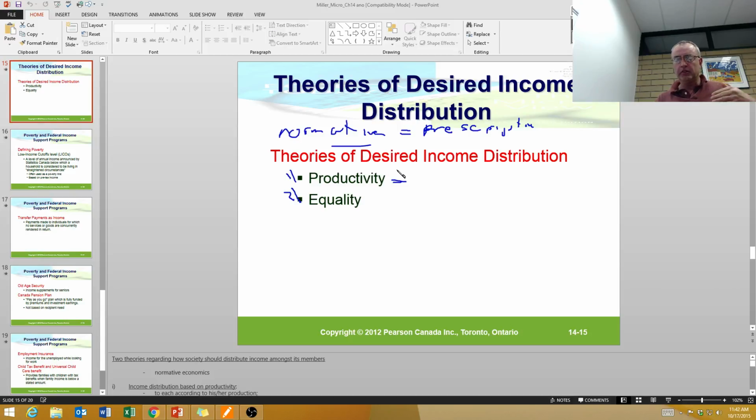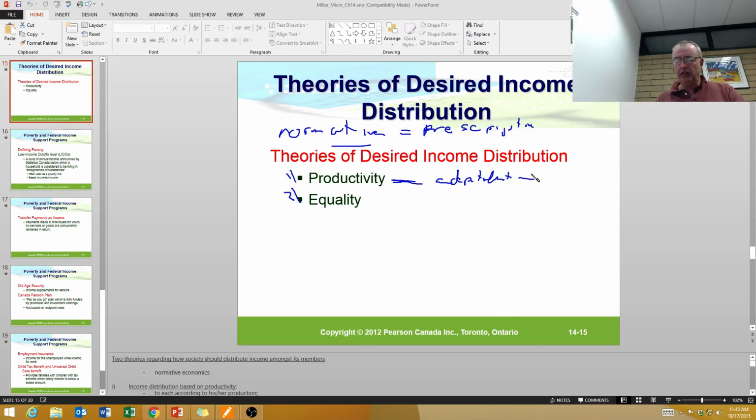That means rewards should be distributed in society based on people's merit, where merit is judged by the value of output deemed by society. So this view is the capitalist view.